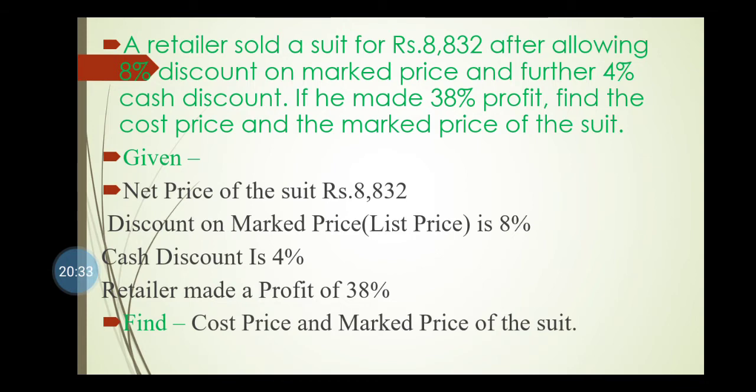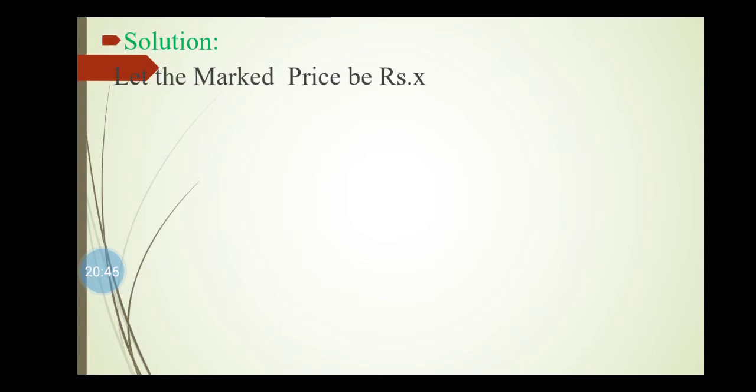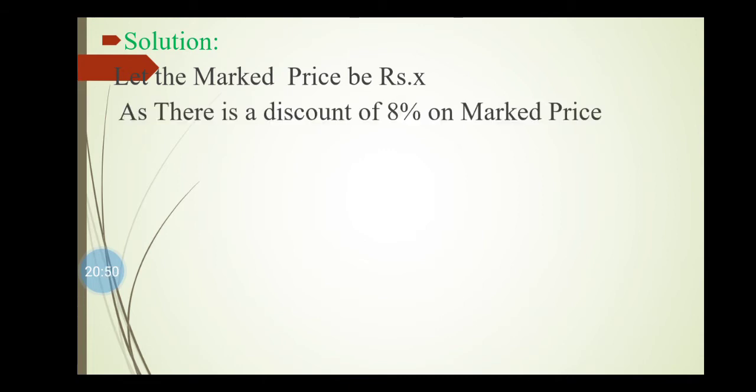We have to find the cost price and mark price of the suit. Okay, so let the mark price be rupees X. First we will solve this question for mark price, and then after that we will find the cost price also.